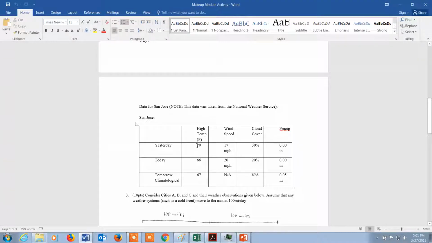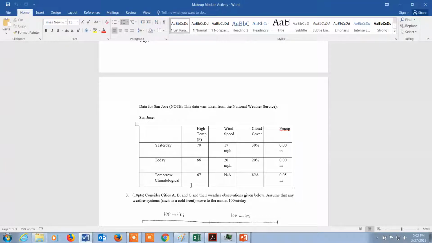So this was yesterday's weather, today's weather, and then down here, this is the climatological average. If you've ever watched a weather forecast before and they say something like, the normal today is 67 degrees, what they're actually talking about is what's called a climatological average.